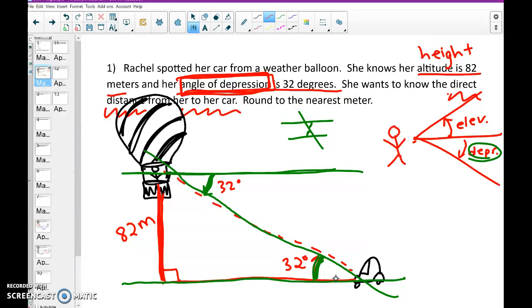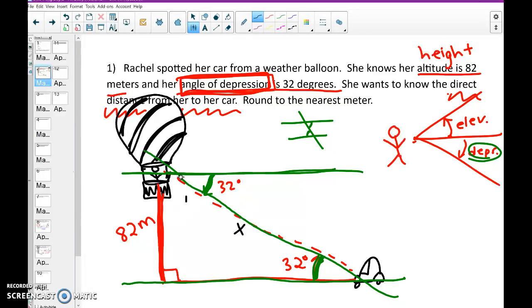Okay, so that's one option. You could just put 32 there and then use this triangle as usual. Okay, from there you could solve. You're looking for the direct distance like we said, so x would be there. Option number 2 is if you didn't remember that this is equal to this, maybe you realized that you could solve for this angle.